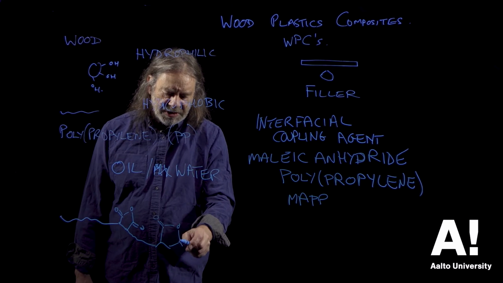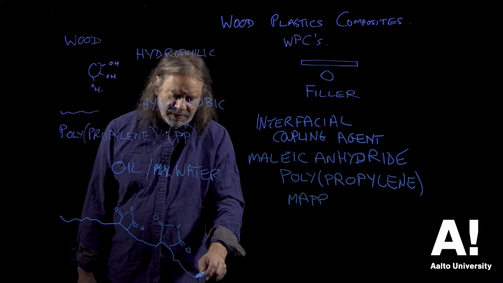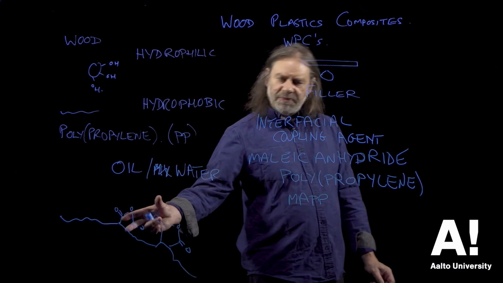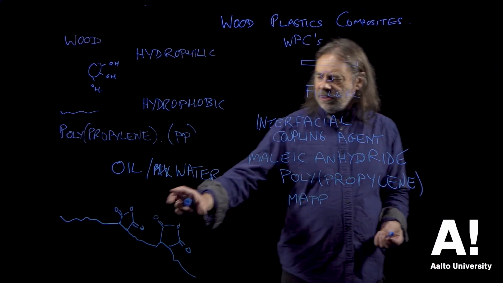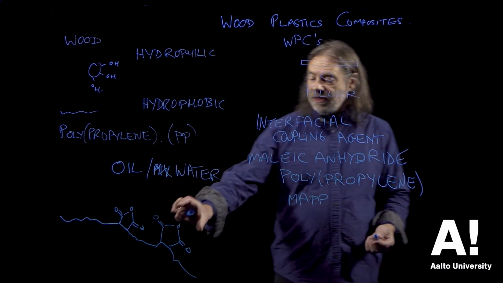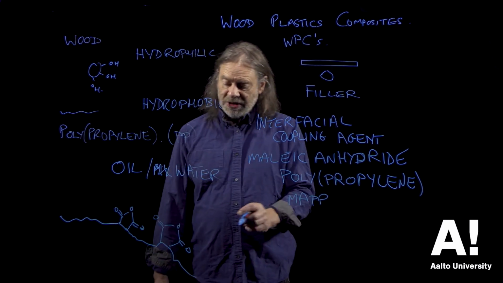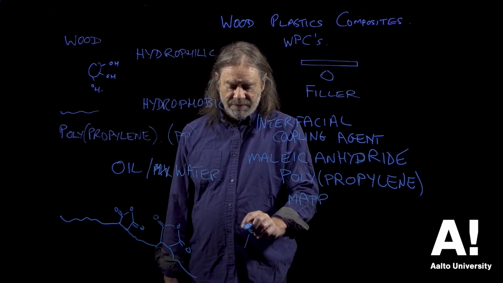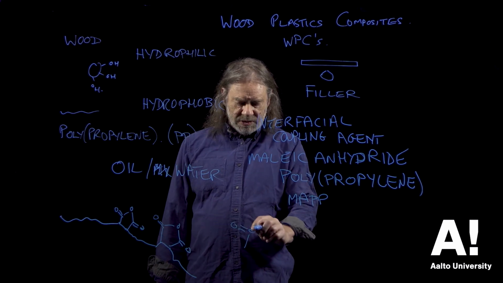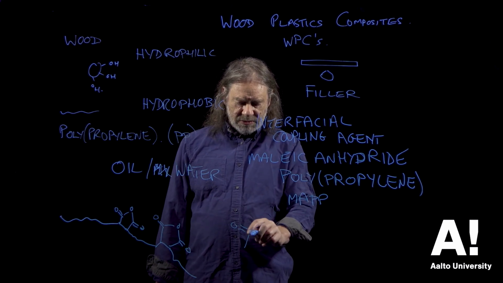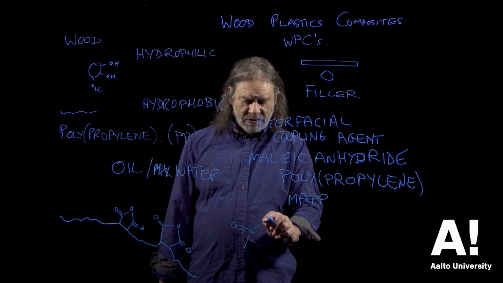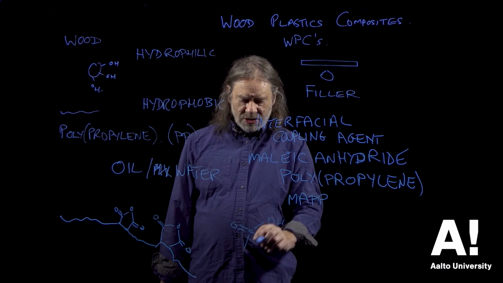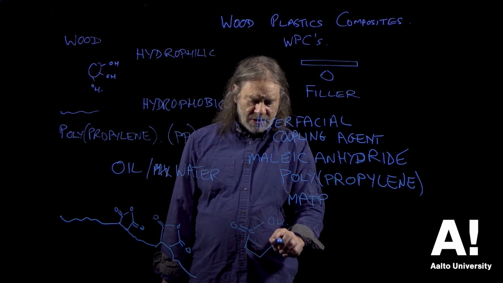I'm showing this in the anhydride form, but actually because of the presence of water in the wood or presence of water in the atmosphere, these will ring open, so you actually end up with structures which are, just got to get it right, C double bond O, OH, structures like this.